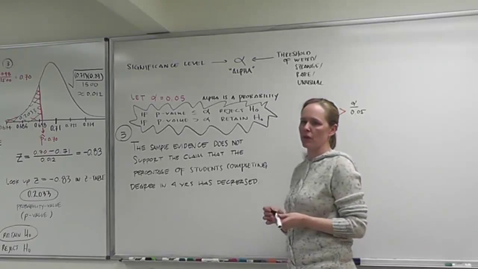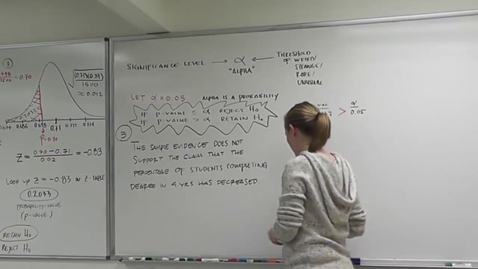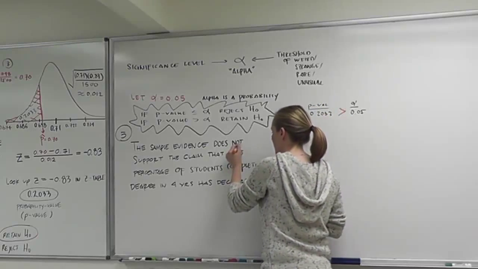So that evidence doesn't support the idea that it's decreased. So here's the idea that we're not going with the alternative.